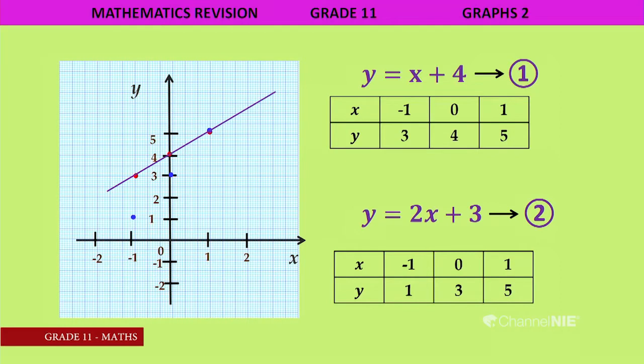Common point means x equals 1 is common for these two equations, right? Y equals 5 is common for these two equations.